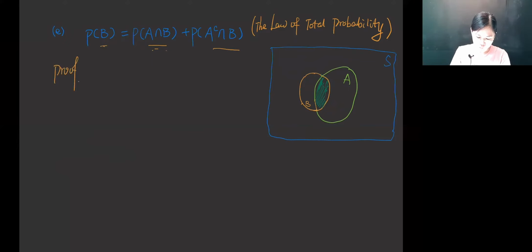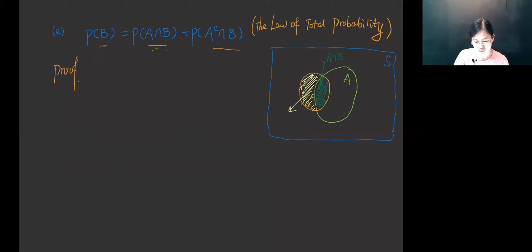Let's say this green set is A, and this orange set is B. The overlapping part, the green shaded area, is A intersect B. What about this area that's in B, but not in the intersection of A and B?